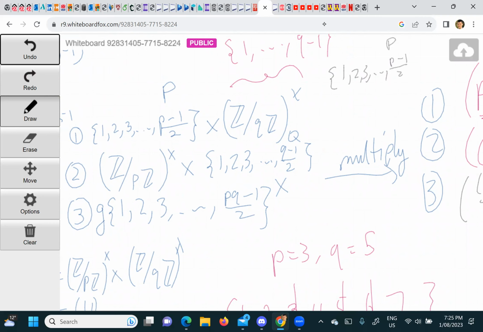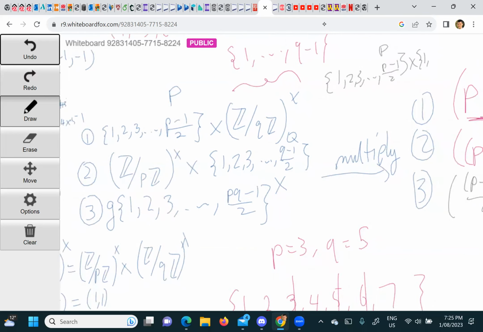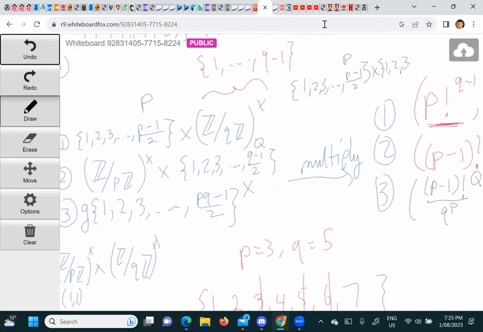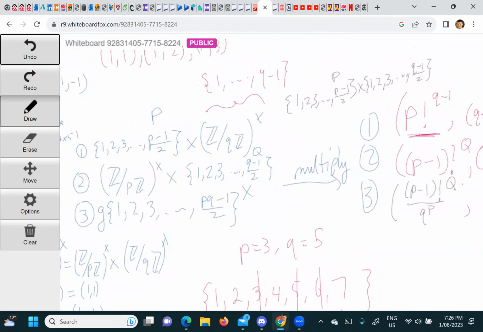So that's capital P, crossed with the set from 1, 2, 3, all the way up, taking one from each, up to capital Q. If you take that subset, can you see that it is common to both 1 and 2?